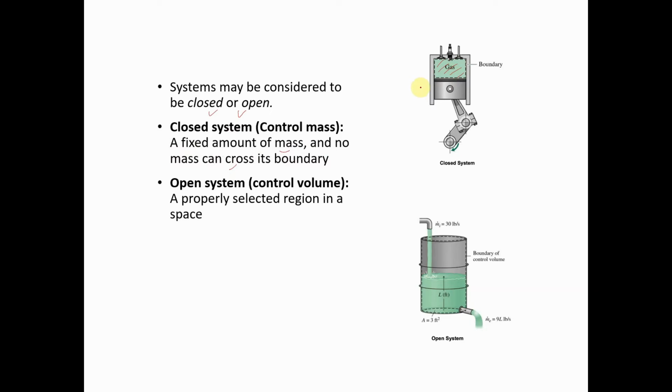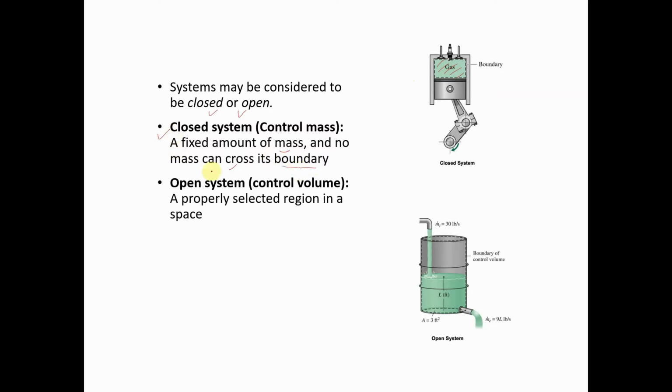When you use an oven for the baking process, you put the mass inside and then you close the oven and let the baking process happen. During the baking process it is a closed system. No mass will cross the boundary. The mass that is already inside the boundary will not be mixed with other mass from outside of the boundary. So this is what we call a closed system.